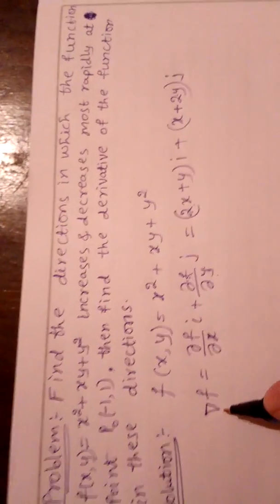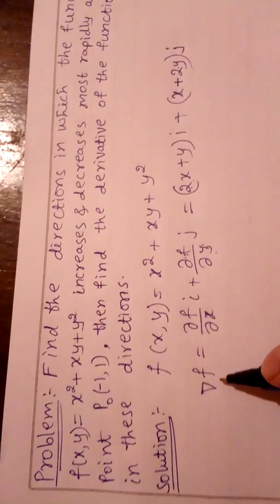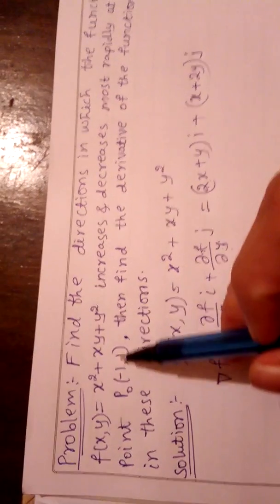Now we find the gradient vector of function f at the given point (-1, 1).